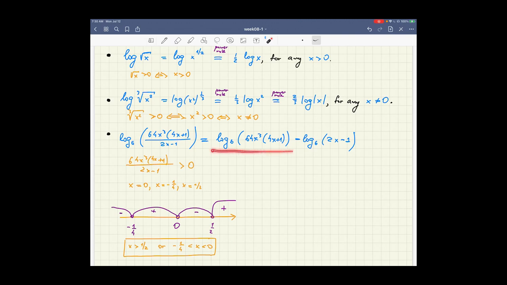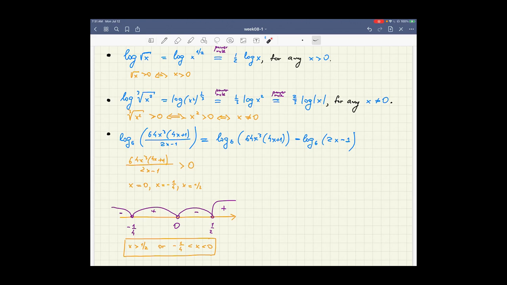If we apply the quotient rule, we need this to be positive, and this is positive if x is greater than 1/2. But if x is negative, and x is allowed to be negative, this expression doesn't make sense, right?